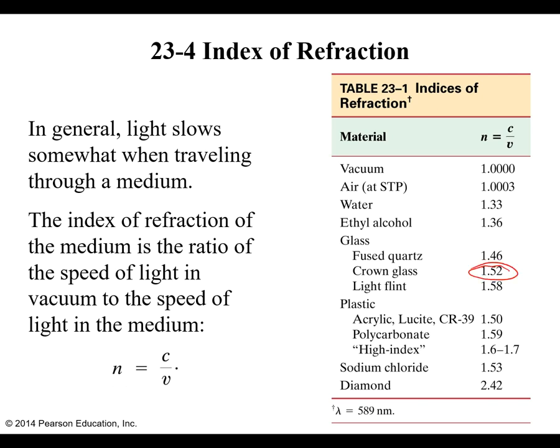And we say, how fast is light passing through crown glass? So index of refraction is 1.52. And speed of light, of course, is 3.0 times 10 to the 8th meters per second.